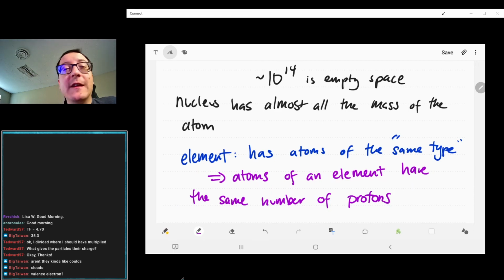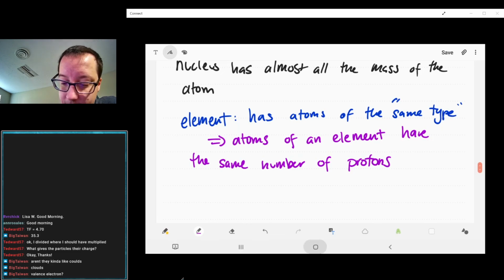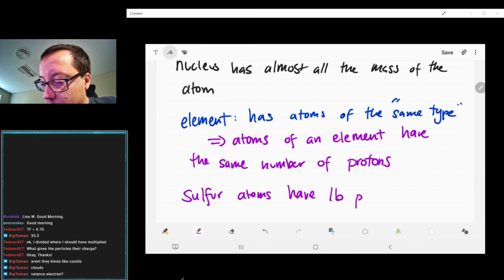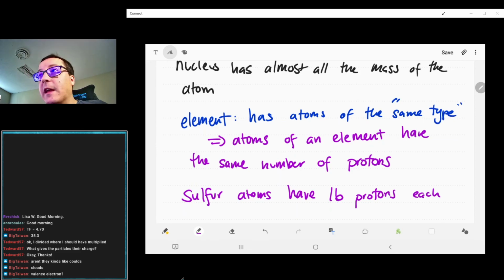That is how we're going to define an element. So every sulfur atom would have 16 protons, and that is not something that can change.